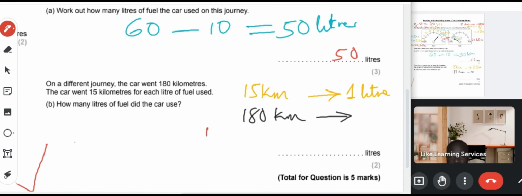So you will do 180 divided by 15. Is that what you're saying? So work it out on the Jamboard so that we can round off.